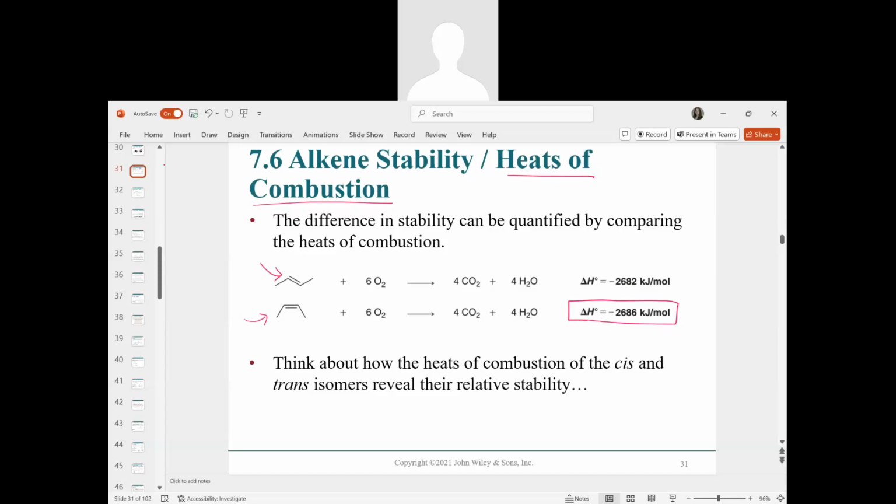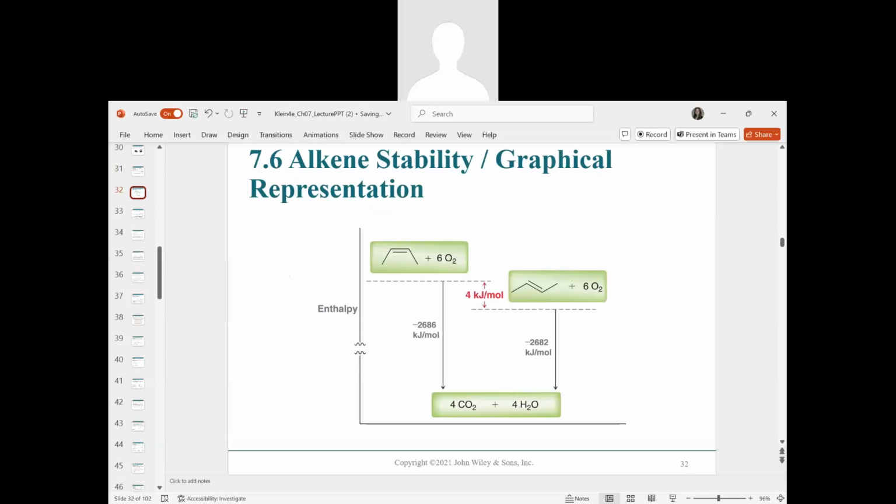So we know that the cis isomer must have been at a higher energy, so this reveals the relative stability of these two isomers. So you may be wondering, how will this help you predict products? So generally, the more stable, the lower energy representation of an alkene would be our major product.